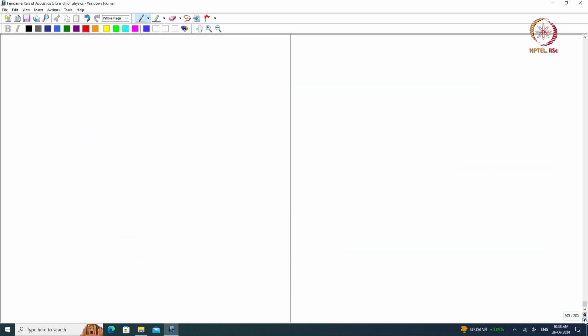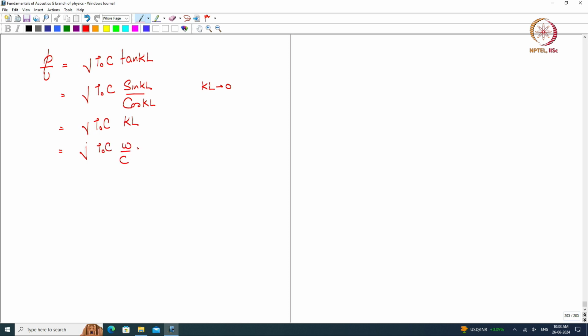So we have pressure over particle velocity given by j rho 0 c tan KL, and we do the same thing, approach low frequency so that KL tends to a small value. Then we have j rho 0 c, sin KL approaches KL, cos KL approaches 1. Now I have j rho 0 c, K is omega by c into L.